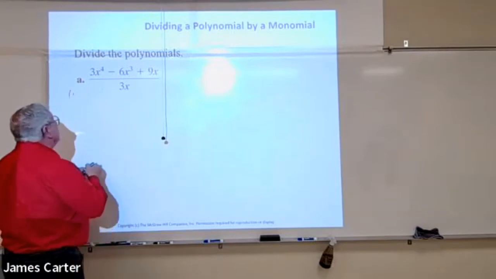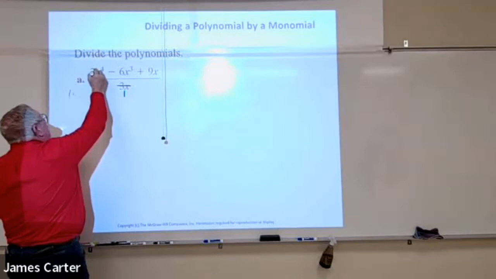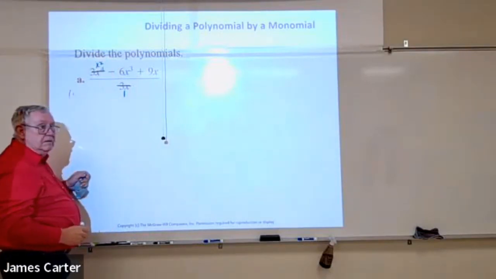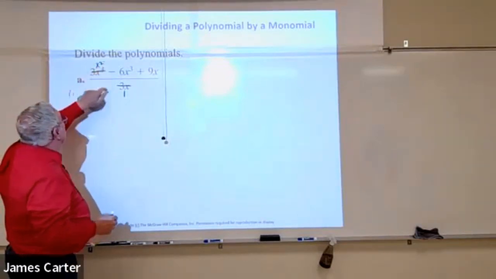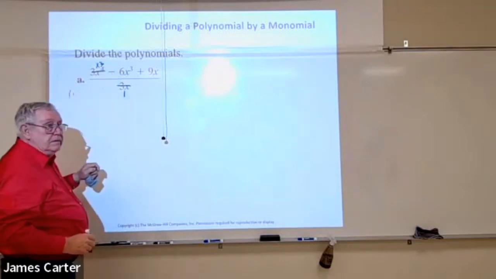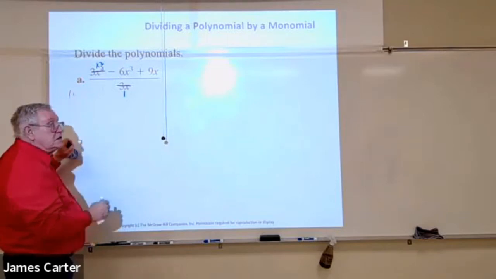In this case, 3x will go into 3x fourth x cubed times, because I'm just dividing out one of those 4 x's.